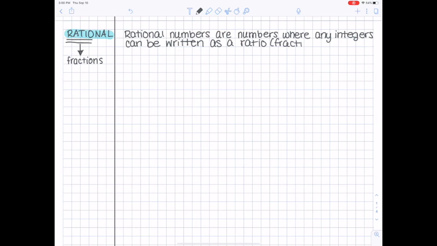Okay? And another way to say ratio is fraction. So that's why they're called rational. They're any integers that can also be written as a ratio.